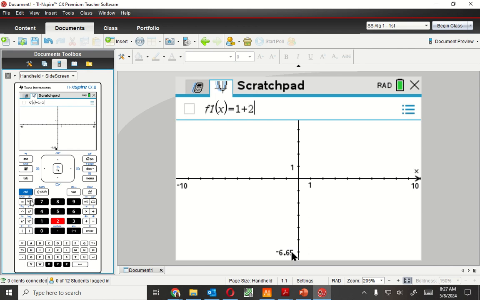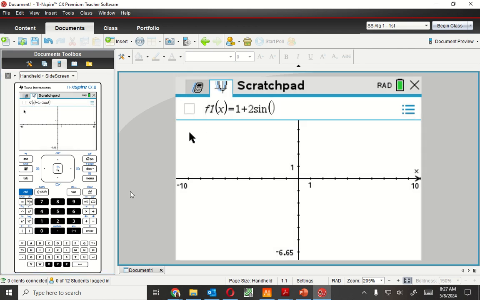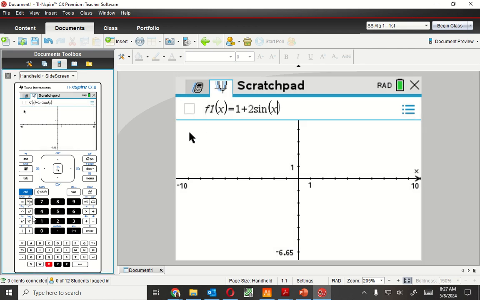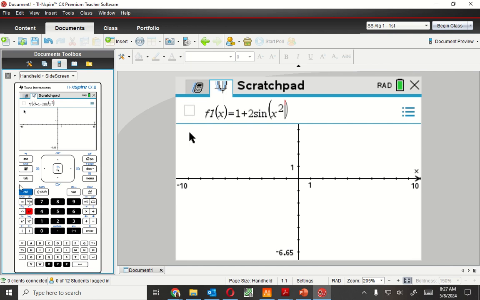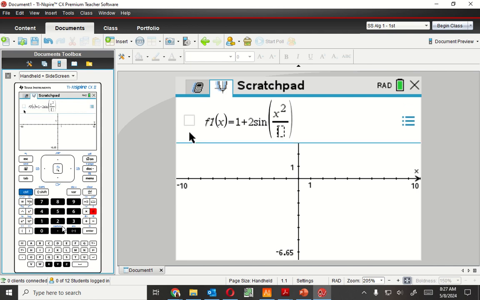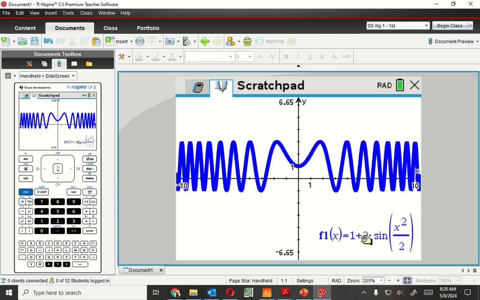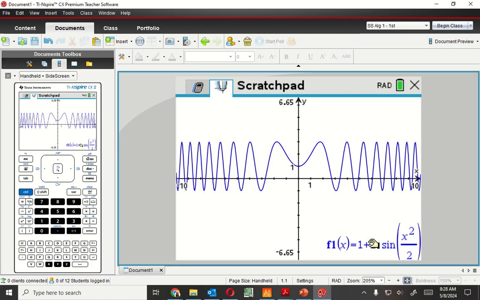Let's go ahead and plug in my function, since a calculator is available. Plus 2 sine of x squared over 2. There it is, right there. Now, it looks kind of crazy, but what can I get rid of?